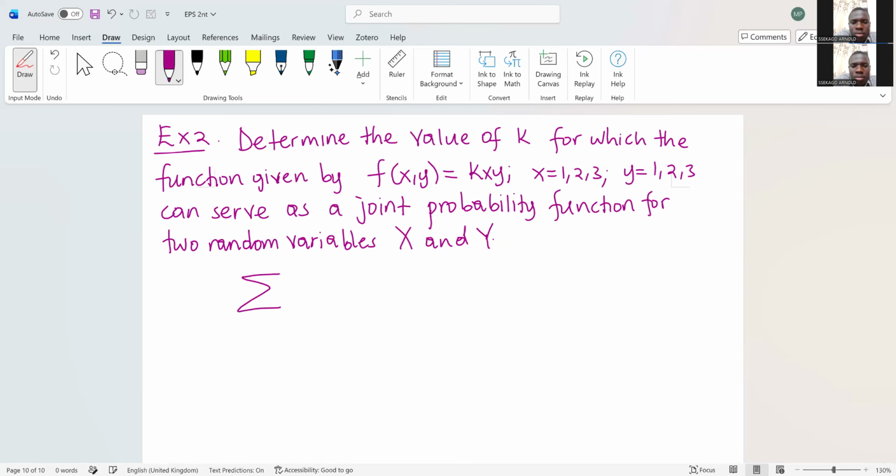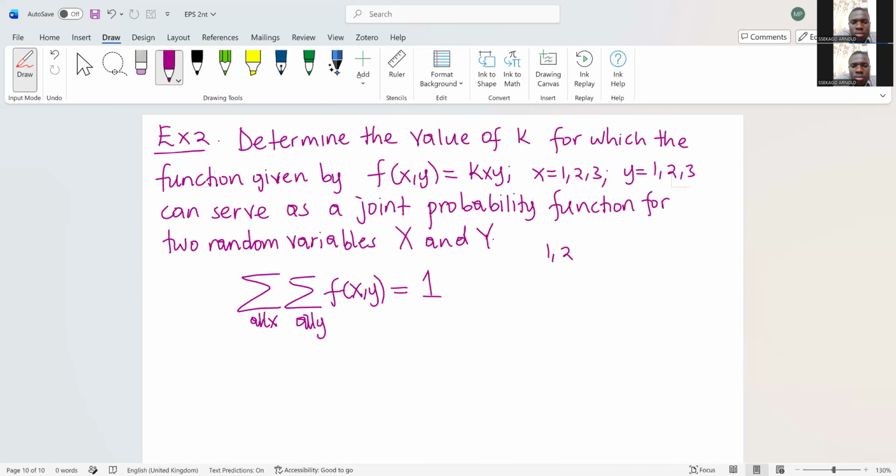The sum over all x, all y, of f(x, y) should equate to 1. And then determine the value of k. So note that x is taking on values 1, 2, 3. So we do the same things as before. One can also decide to come up with a table. I think it is better with a table.